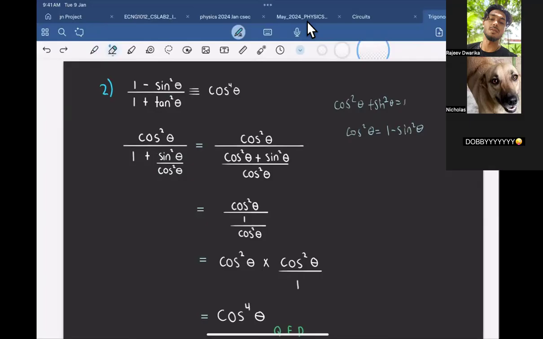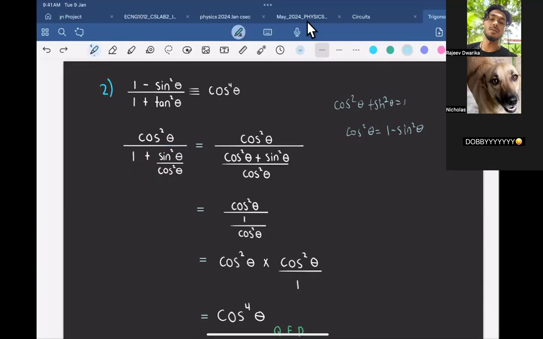So that's the start of the question. Next thing, over here, Nicholas, do I have the same denominator? No, the denominator over here is 1, and the other one is cos squared theta. Yes.